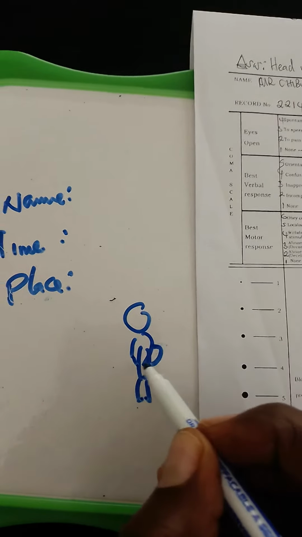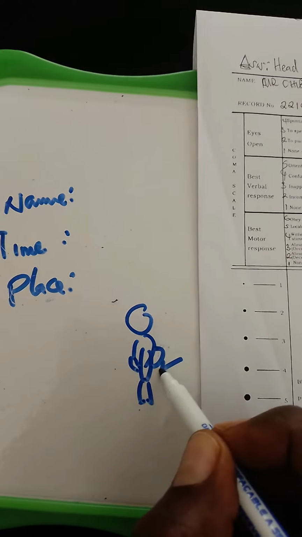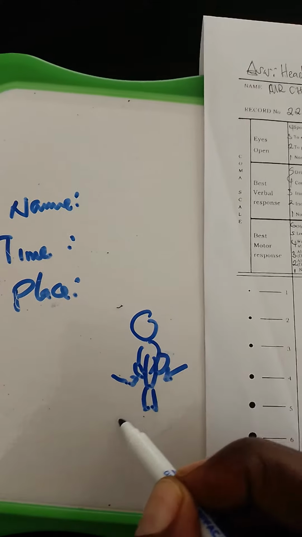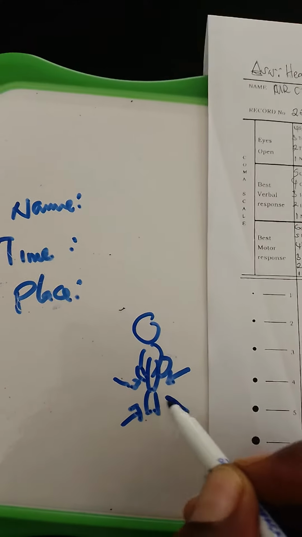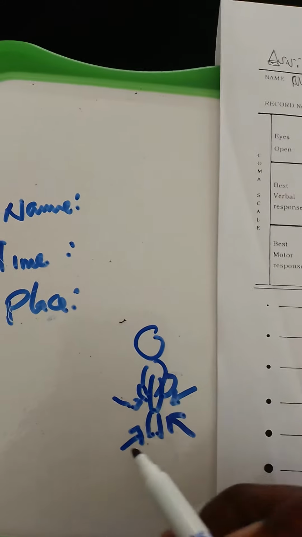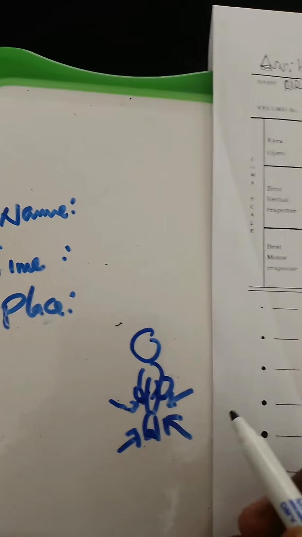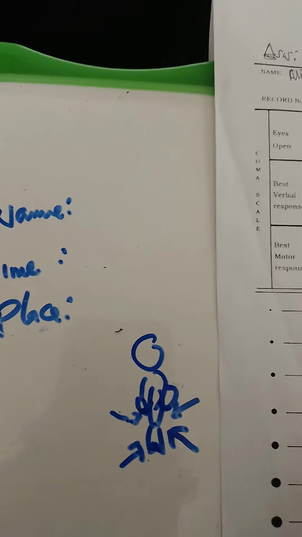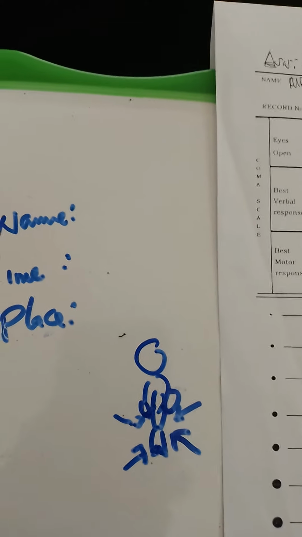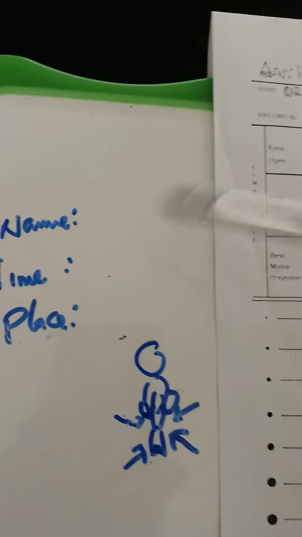So the flexion will go inwards, even for the limbs. That's not normal. The feet will go inwards, and even the arms will go more like on the chest. That's what we call decortication, or to decorticate. So that's what you will do on abnormal flexion.